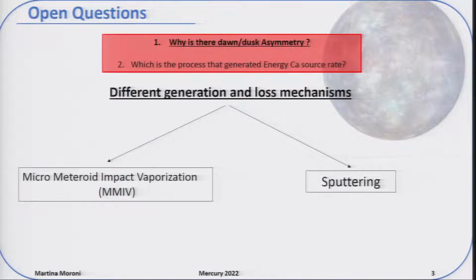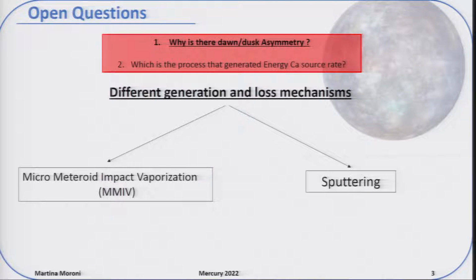If we talk about the different elements of the exosphere, we can distinguish between the light elements and the refractories, which is the case of calcium. Refractories are elements that are more strongly bound to the surface of the planet, and for this reason the ejection of these elements into the exosphere must be justified by some energetic process. For this reason, we concentrate our attention on two processes: micrometeorite impact vaporization and sputtering.